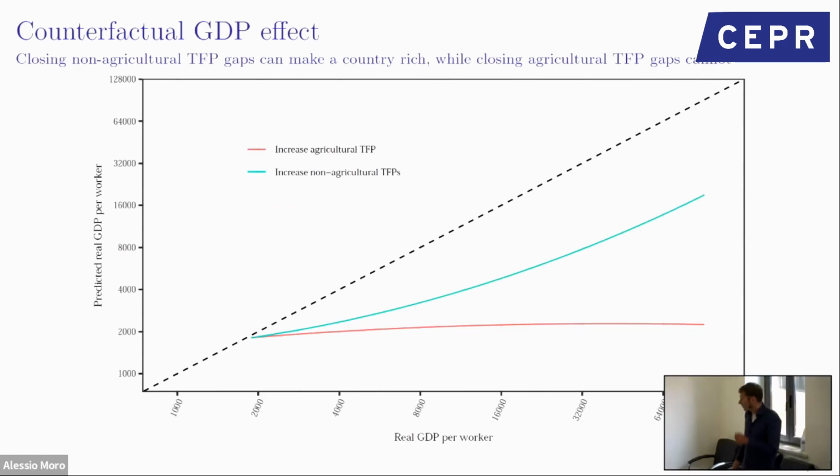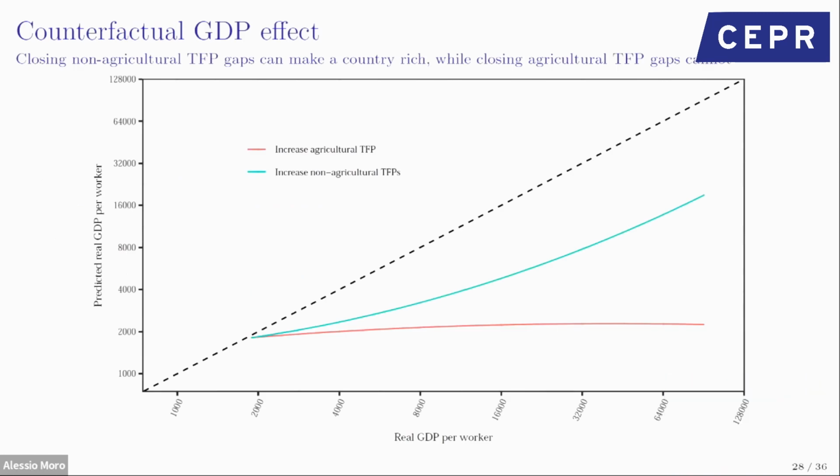And here is the effect that we get. Okay, so let me go slowly. Here we take a poor country like that, and then we show what happens in terms of aggregate GDP per capita, or per worker, in this country if you increase the red one, agriculture TFP, to the level of the US, and non-agriculture TFP to the US level.